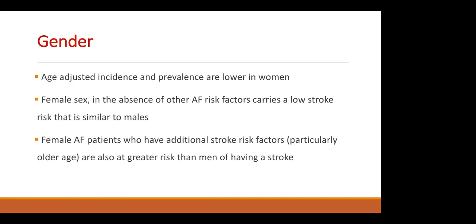But if there are no other risk factors, if a female is not diabetic, has no hypertension, her age is less than 65, and there is no history of stroke, the risk of stroke is similar to men. This is really very important, and this changes a little bit the management of AF patients in new guidelines.